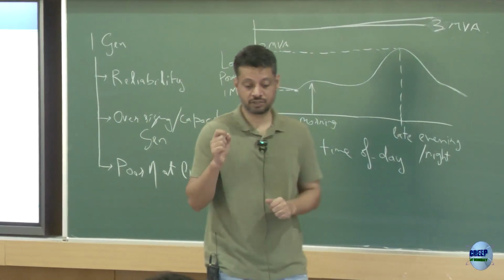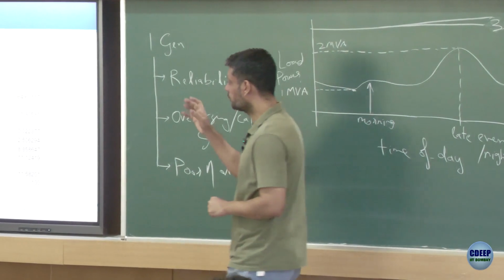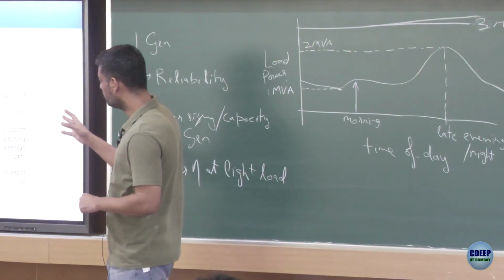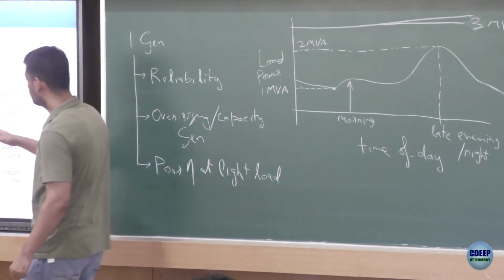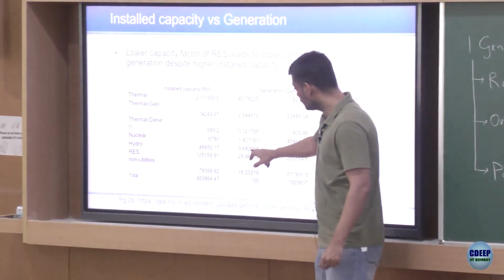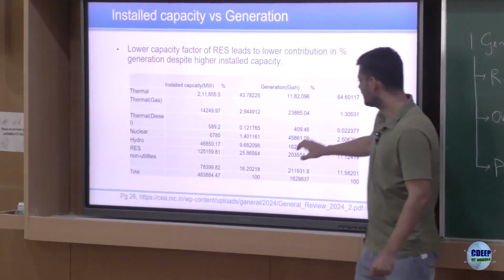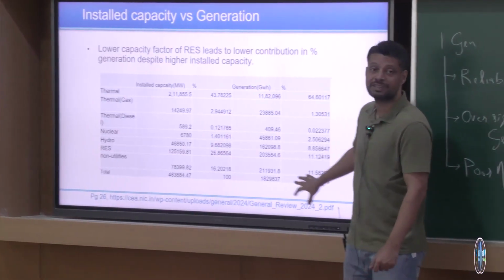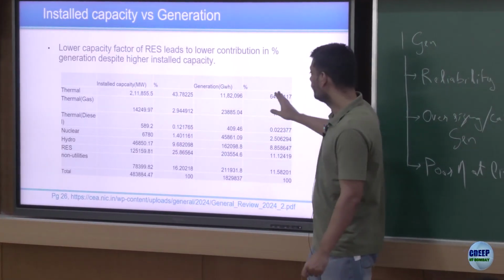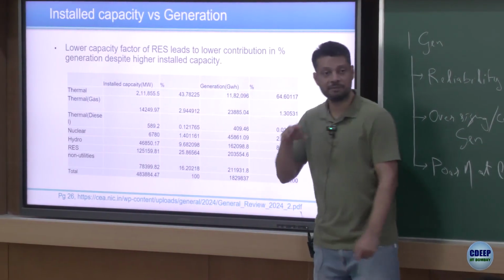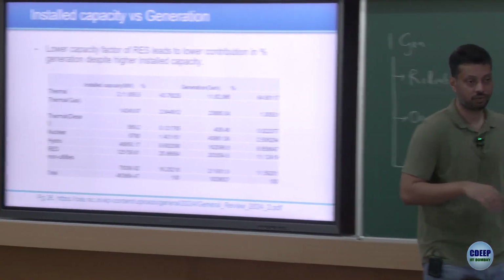And therefore, even in the installed capacity, coal is about 43%, and then renewable plus hydro is about 10%, renewable is about 25%, but the same percentage distribution in terms of the energy produced becomes different. Coal produces about 64% of the energy that we consume.